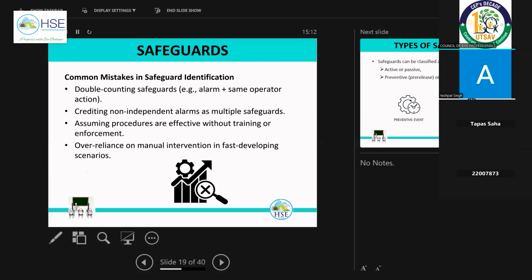In the case of safeguards, manual interventions are accepted, but in the case of other controls they may not be, so the company defines their procedure for other risk assessments also. But nowadays most companies are switching over from the safeguard as a control to the protection layer as a control. That helps them reduce their efforts also, and LOPA can be partially completed in that case. That is why people are switching over from the safeguard concept to layer of protection.